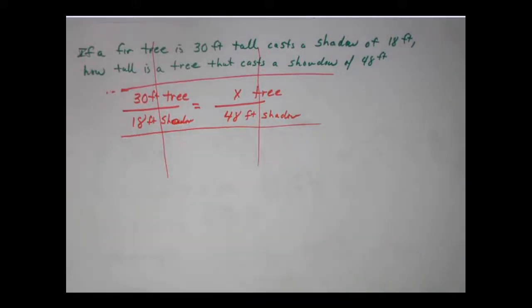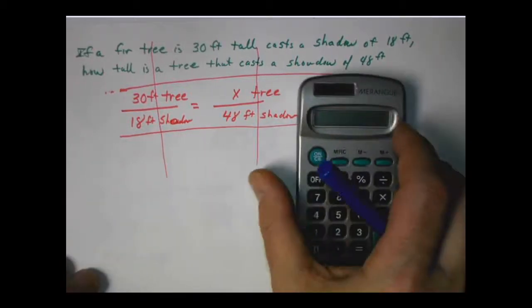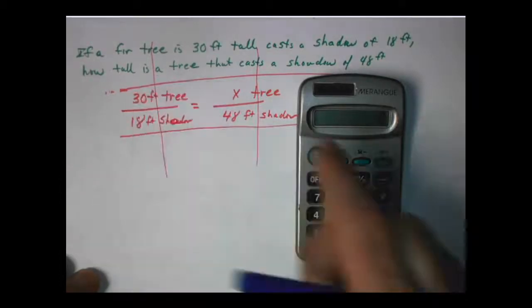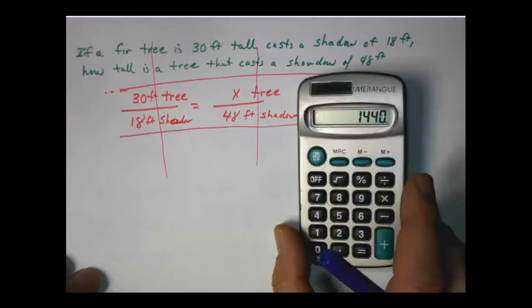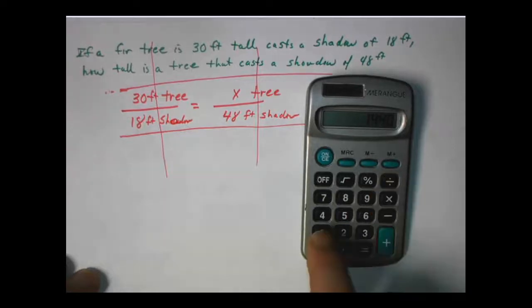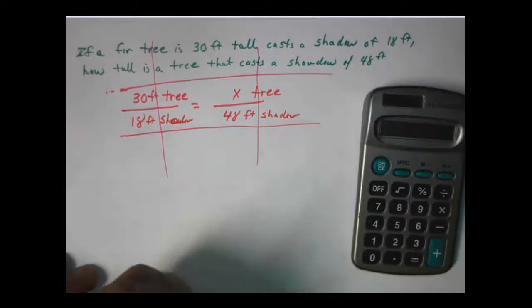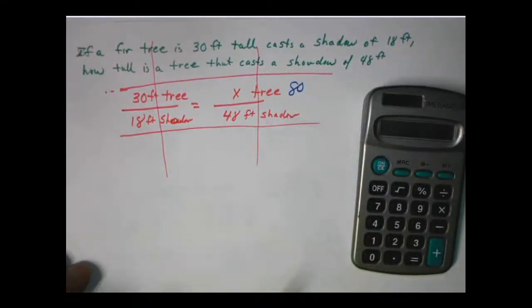So numbers are getting kind of big. We can do them any way you want. Calculator is perfectly acceptable. So we're going to cross multiply and divide. So we have 30 times 48 equals 1440. Divide by the odd guy out, which gives us a total of 80. It's the setup. Setup has got to be critical.